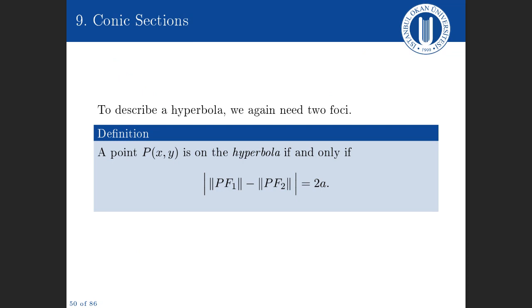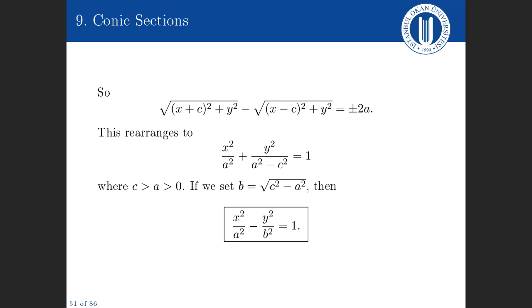So formally, to describe a hyperbola, we need two foci. Point P is on a hyperbola if and only if the absolute value of the distance from P to F1 minus the distance from P to F2 is equal to a constant, which I call 2a. In terms of coordinates, we have the first equation, and you can check by squaring this and rearranging that this rearranges to x squared over a squared minus y squared over c squared minus a squared is equal to 1, where c is bigger than a.